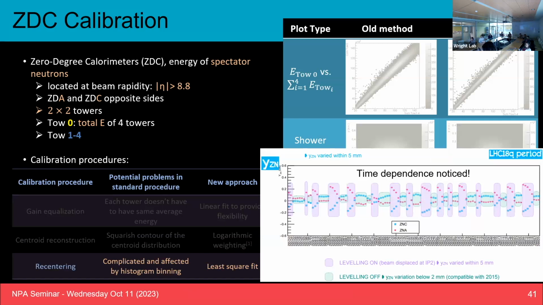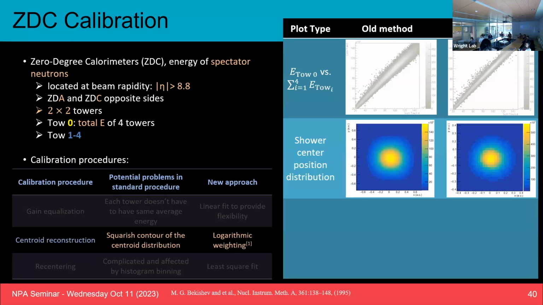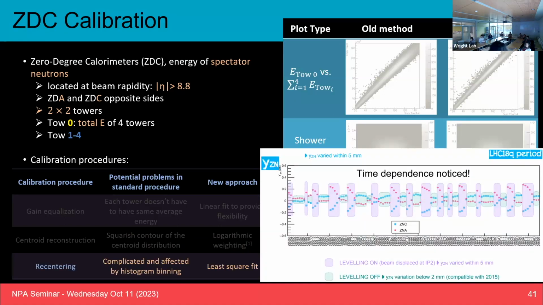Another thing is this recentering. Basically, you recenter your average spot to make sure the center of your detector aligns with the beam. Basically, that's the idea. And in all the ways, you have a very high dimension histogram. You save every position, you subtract it.